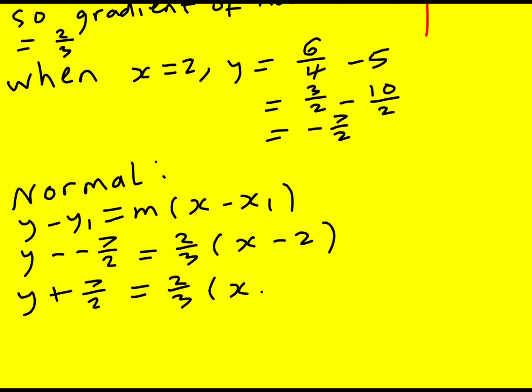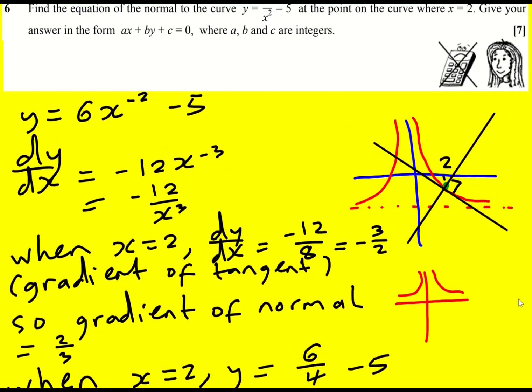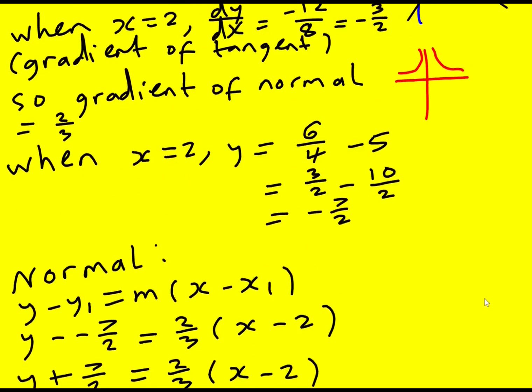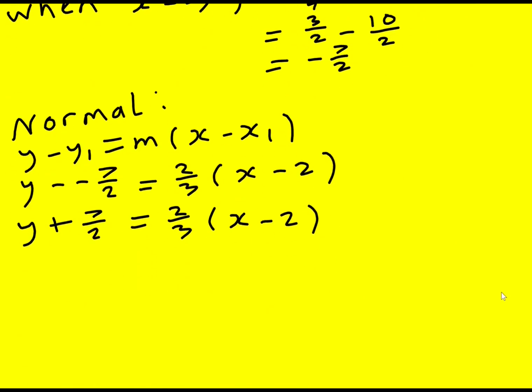Now we could expand the bracket, but actually we need to get rid of the fraction because the question says to leave it in the form ax plus by plus c equals 0, where a, b, and c are integers. So I need to times through by the lowest common multiple of 2 and 3, which is 6. So I'm going to times through by 6: 6y.